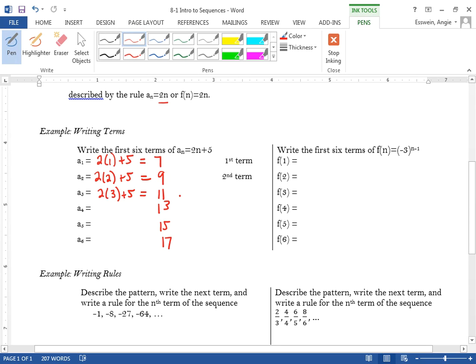But there's something more important I want to say about it, because we're going to have to go in the reverse direction. So if I were given the numbers 7, 9, 11, 13, and I asked you to write this rule, what do you notice by expanding it that would tell you the 2? Where does the 2 come from?